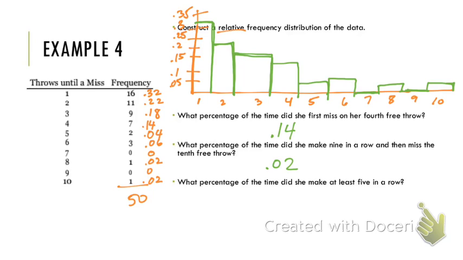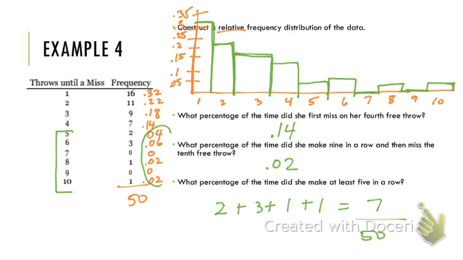Cumulative. At least 5. So which ones would I add up? 5, 6, 7, 8, 9, 10. Yep. So I need to add all of these. 1, 4, plus 1, right? I can either add the cumulative or I can add just the frequencies. 7 out of 50.